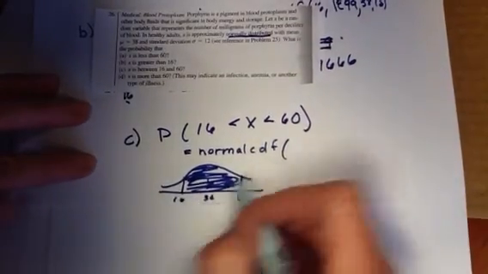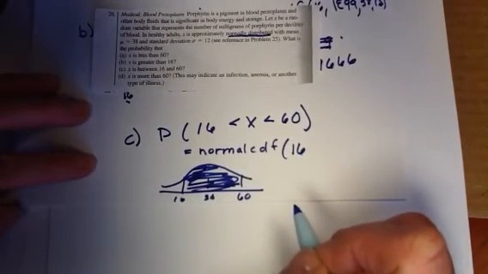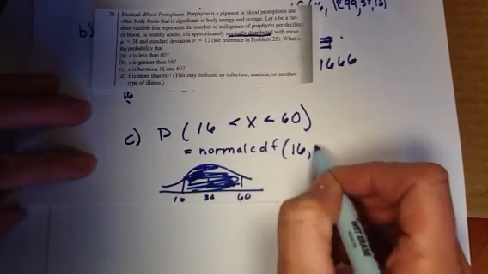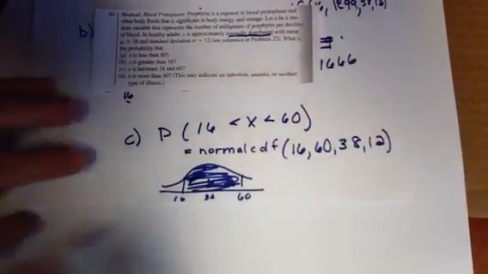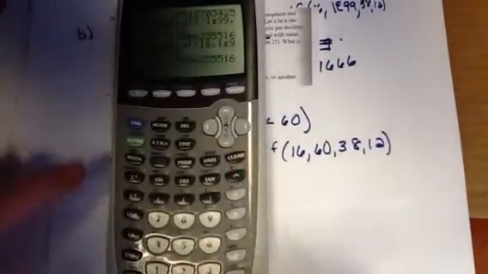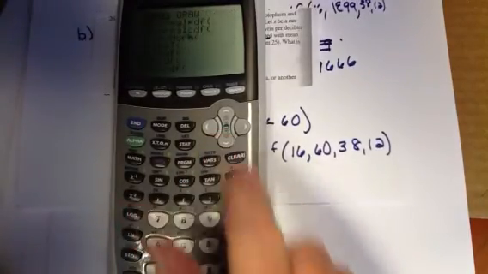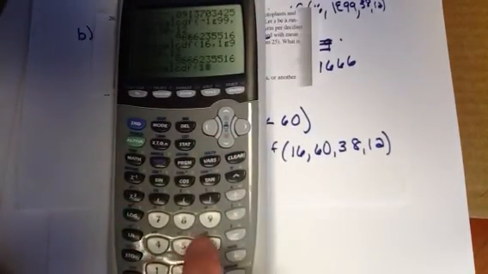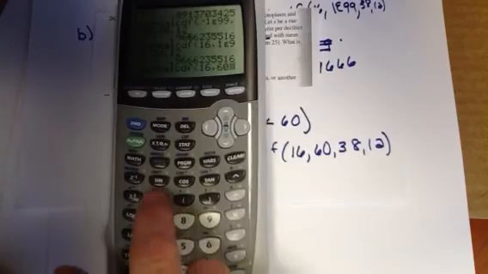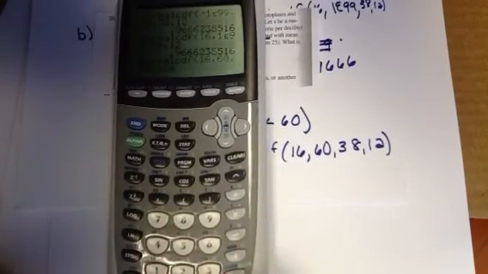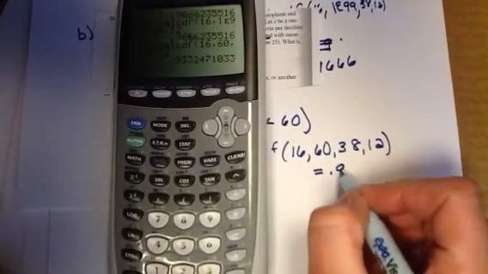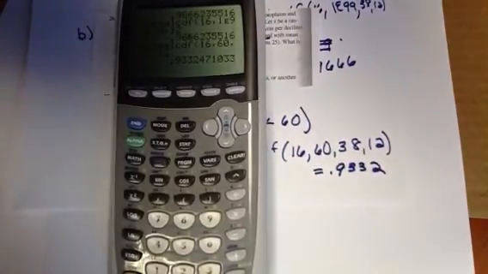So now with the normal CDF, our lower bound is 16, our upper bound is 60, mu, and sigma. So normal CDF, 16, comma, 60, comma, 38, comma, 12. 0.9332. Okay?